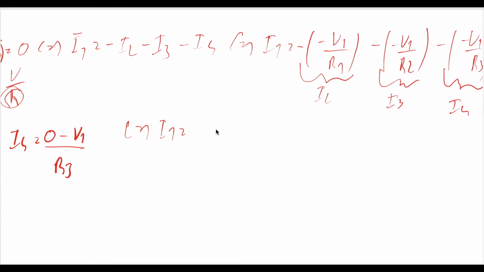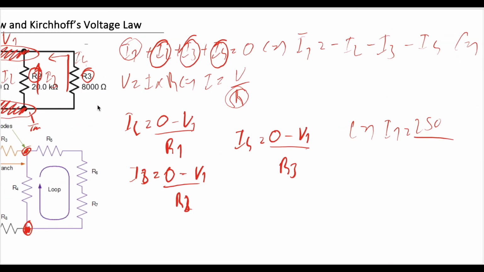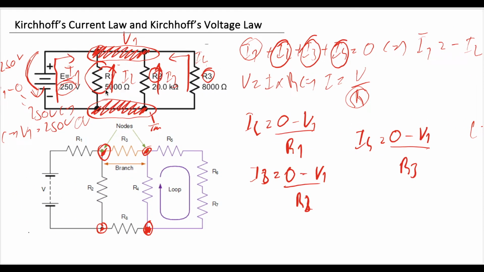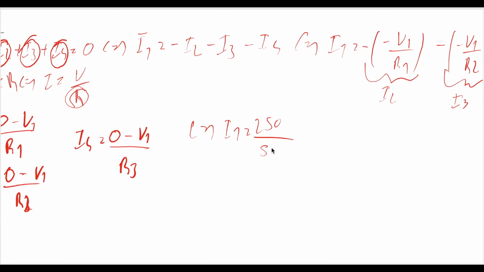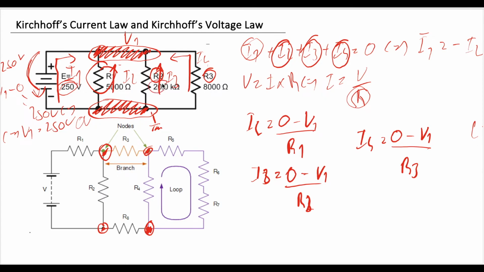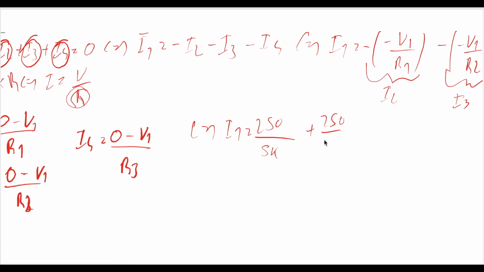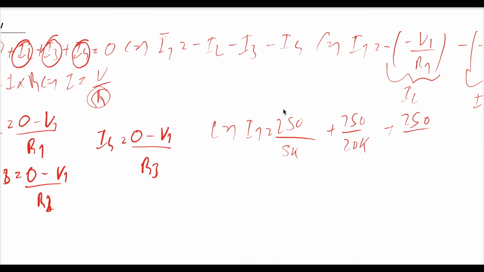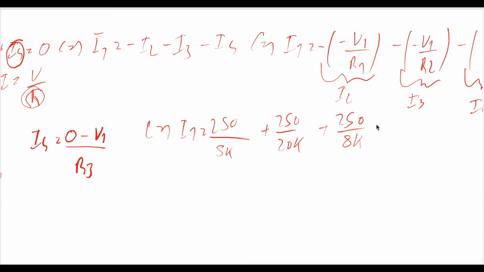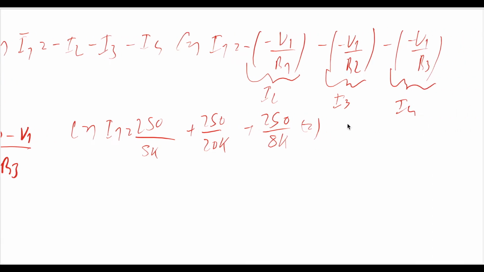So let me come over here and say 250 divided by R1, that is 5K, plus 250 divided by 20K, plus 250 divided by 8K, this will give the value of I1.